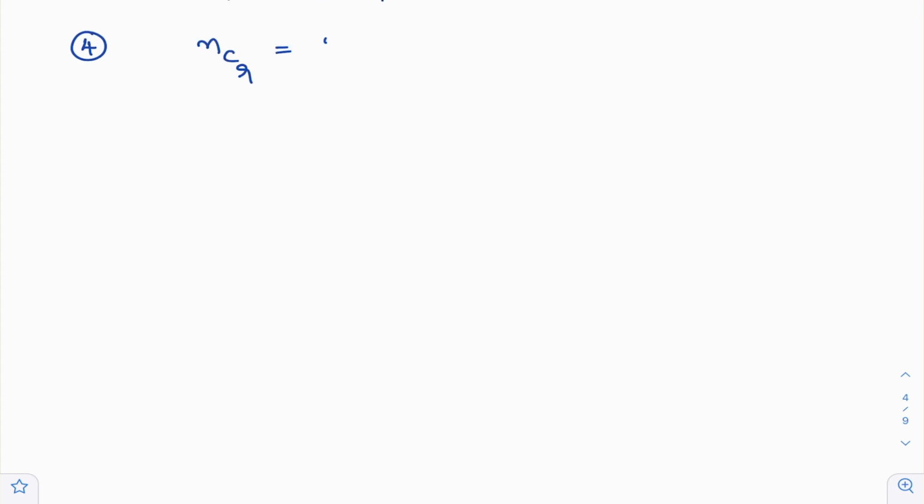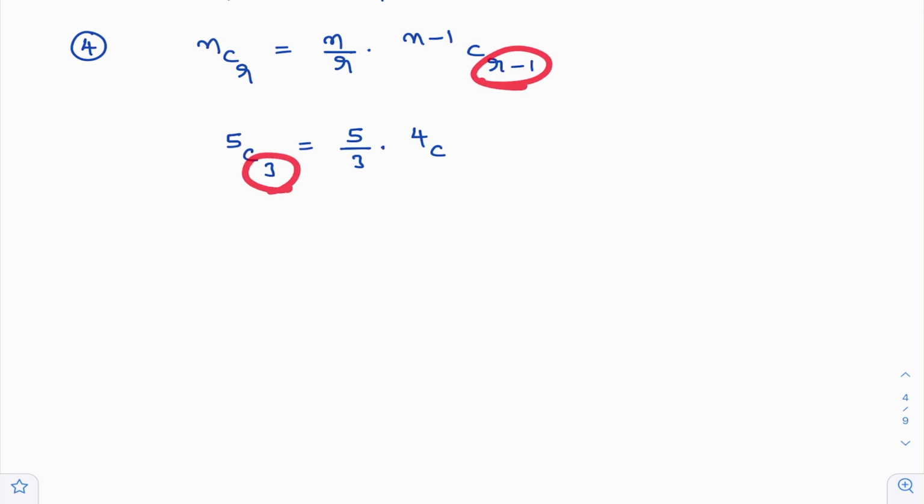We are learning formulas related to nCr. nCr can be written as n by r into (n minus 1)C(r minus 1). For example, to explain this, take 5C3. 5C3 can be written as 5 by 3 into (5 minus 1)C(3 minus 1), that is 5 by 3 into 4C2.